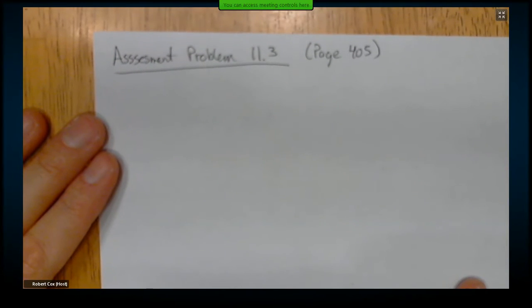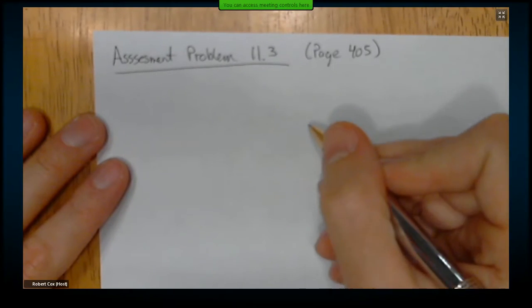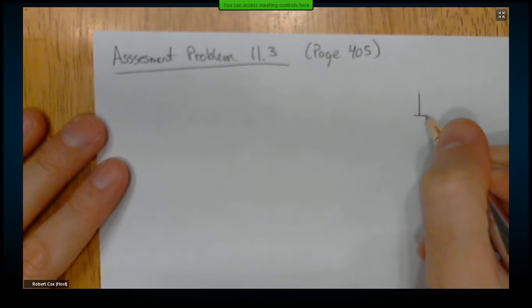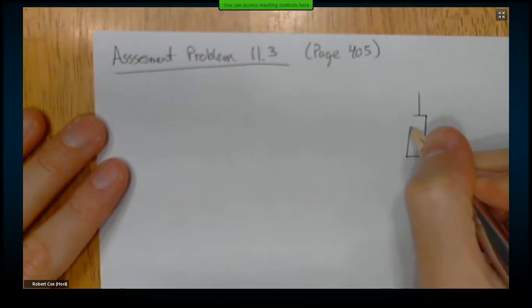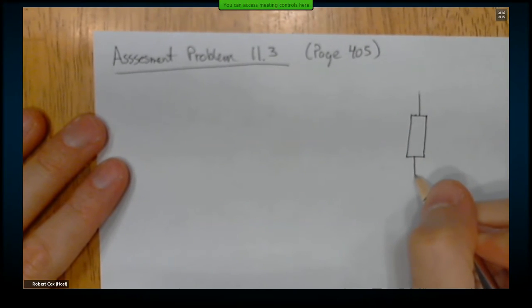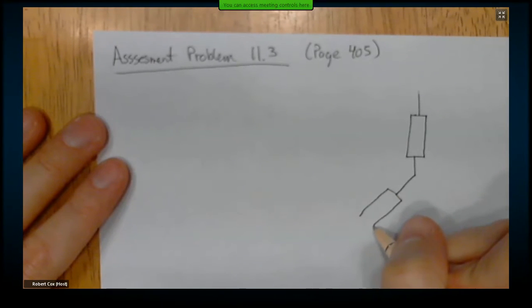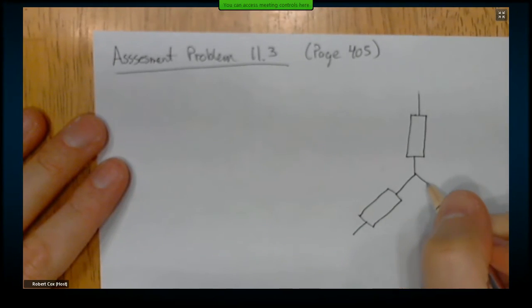The phase voltage at the terminals of a balanced three-phase Y-connected load is 2400 volts. So let's draw our load.